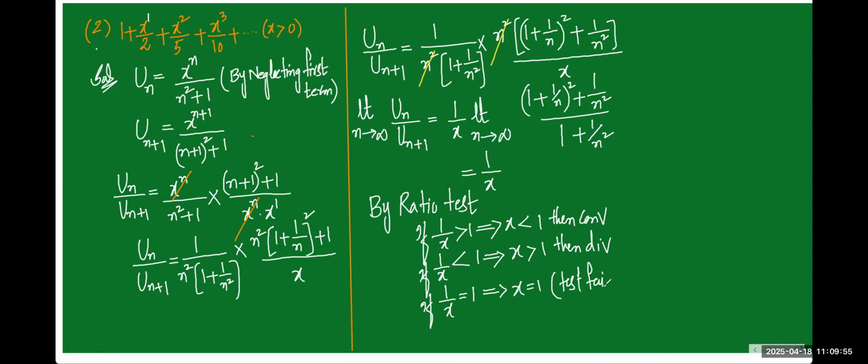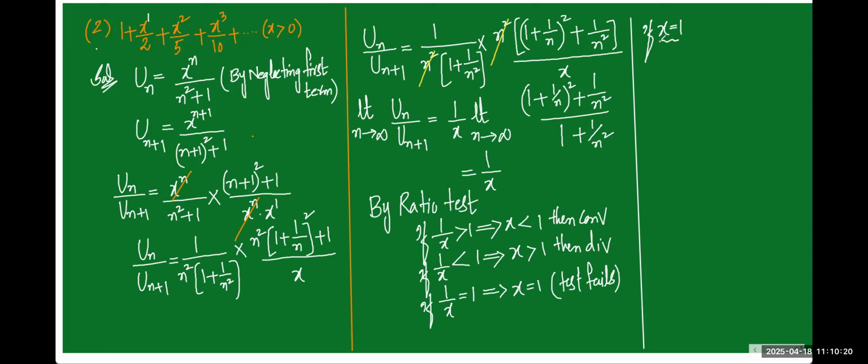When test fails, what happens we can see. Test fail है तो क्या करना है? Long answer it is. If x is equal to 1, test fail when x is equal to 1.